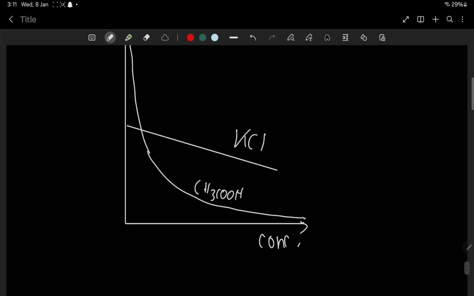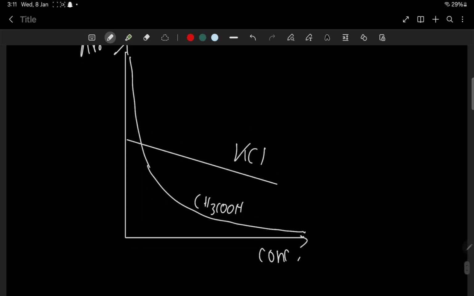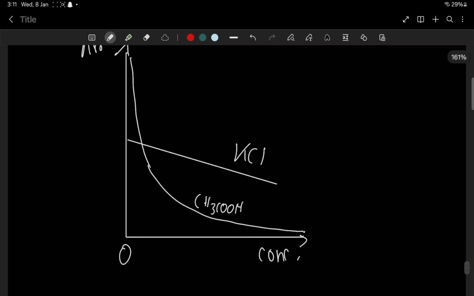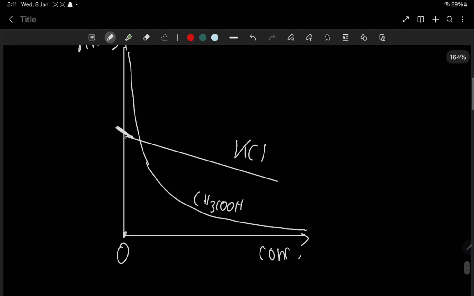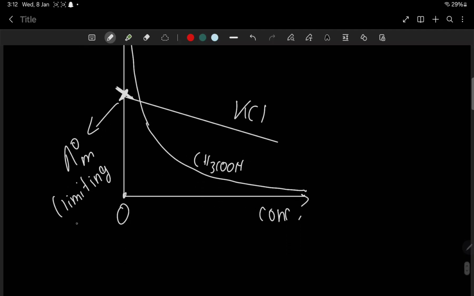Look, when we decrease the concentration of KCl and the concentration becomes 0, that is, at infinite dilution, KCl touches a value here. This value is called the limiting molar conductivity, or the molar conductivity at infinite dilution.